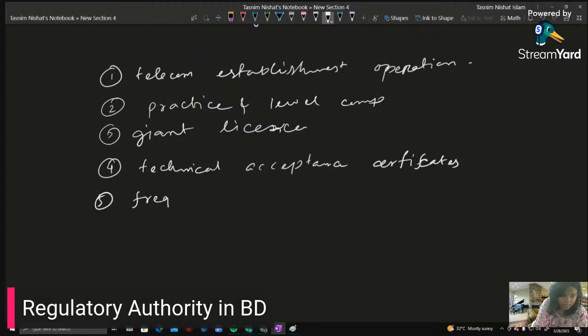Then we have frequency allocation, and then to suspend license, stop interference, interference control. This is pretty important.